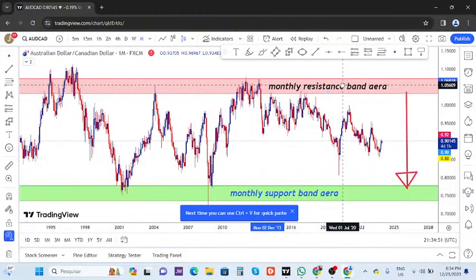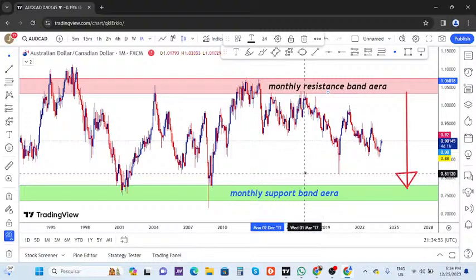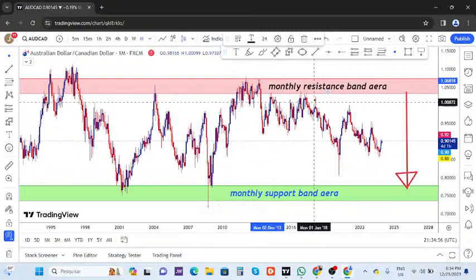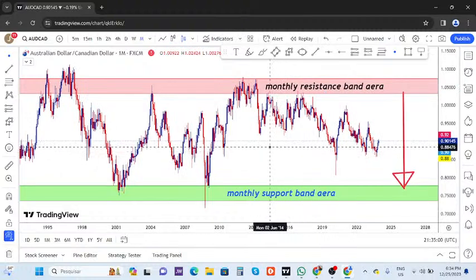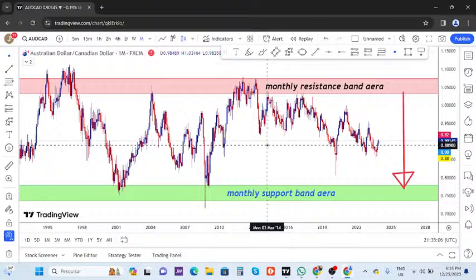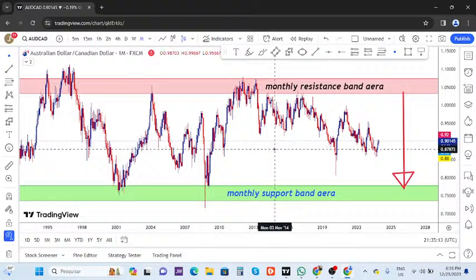All right, so the monthly support and resistance band areas are stronger than the market structure, stronger than the short-term trend. You want to take that to heart as you are viewing this lesson from Javan FX here on YouTube.